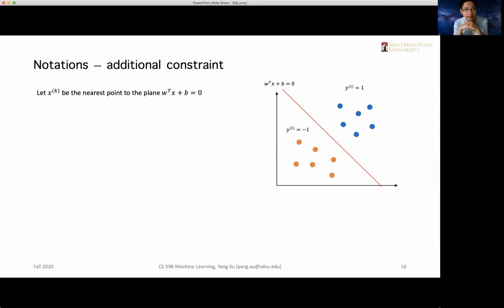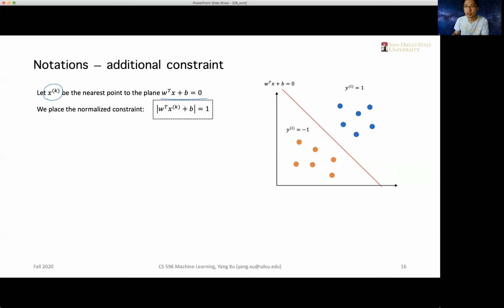And in order to have these additional constraints, we choose some special data points. Okay, we let x superscript k be the nearest point to the plane, and we place the normalized constraint.